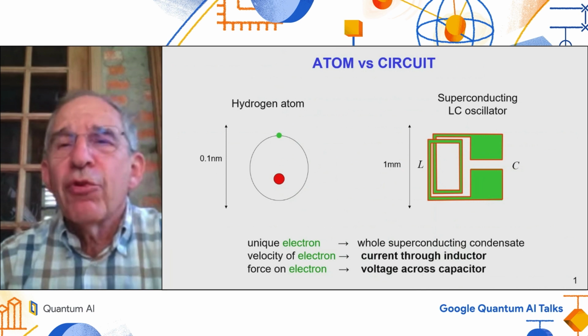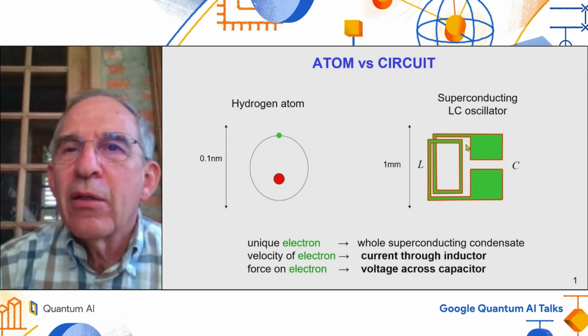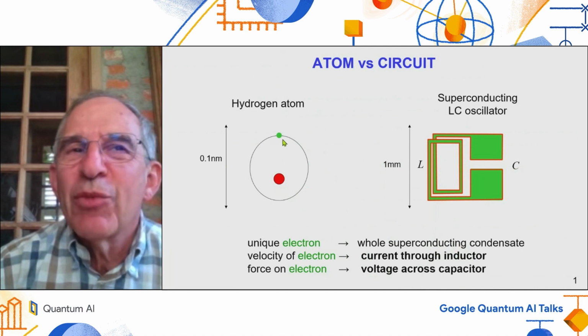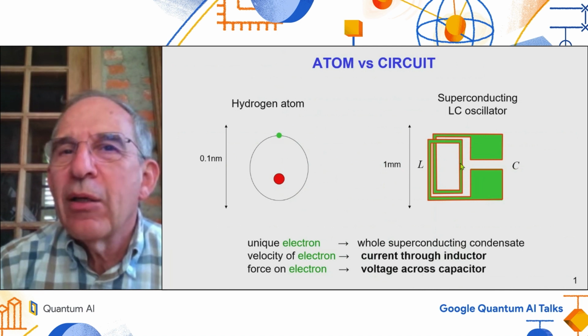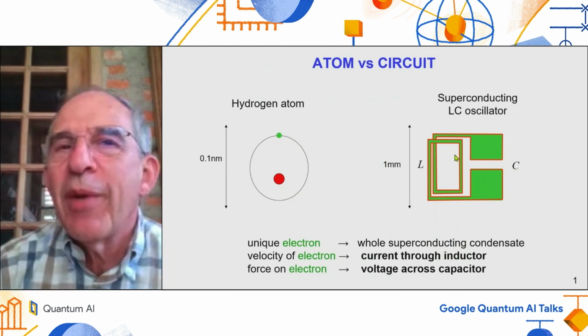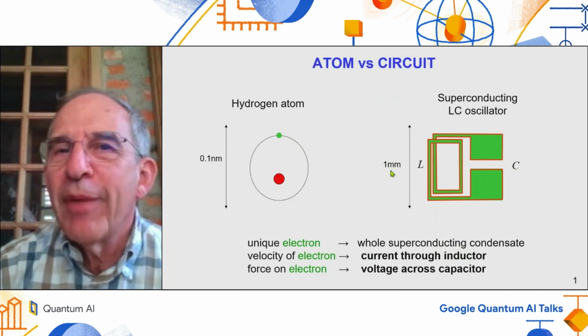The main difference between atoms or ions and superconducting circuits are the dimensions. The dipole element for the hydrogen atom is about 1 angstrom times an electron charge. And for the superconducting circuit, you have pretty much the same amount of charge, but the distance is now of the order of a millimeter.